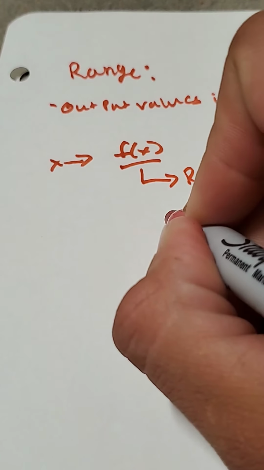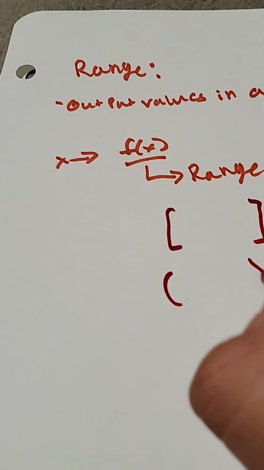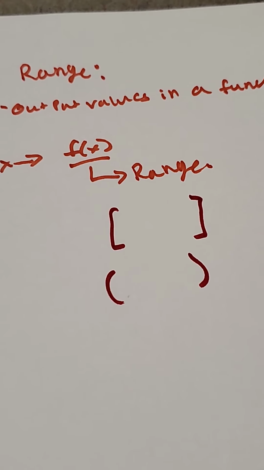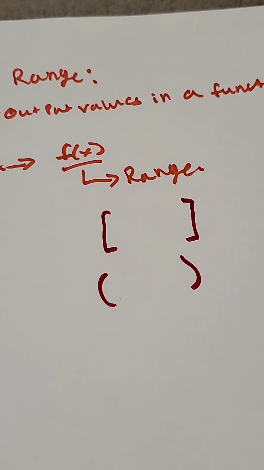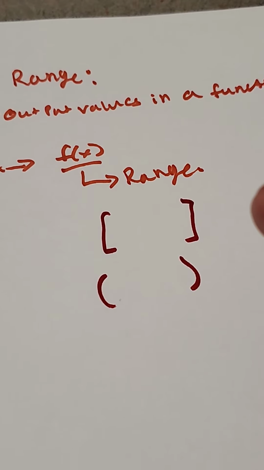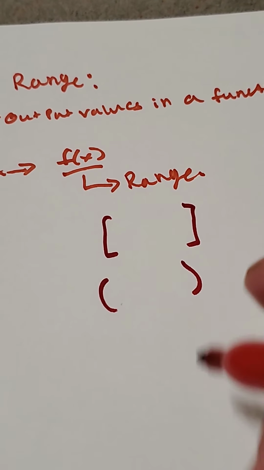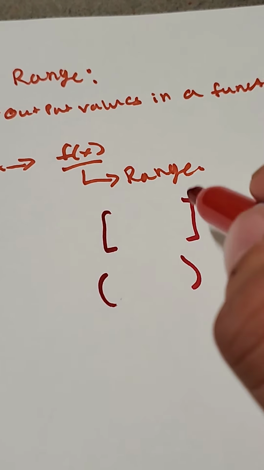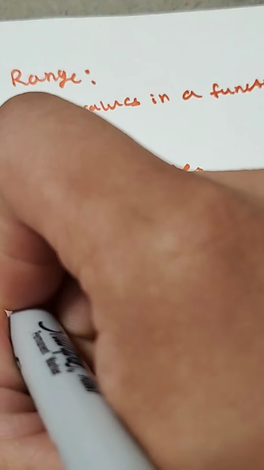So for range, typically we use interval notation, brackets or parentheses, which I'll cover in an upcoming video. It's actually coming up real soon, once we start classifying domains and ranges of other functions. But typically it's in these interval notations, and what it means is we include this.